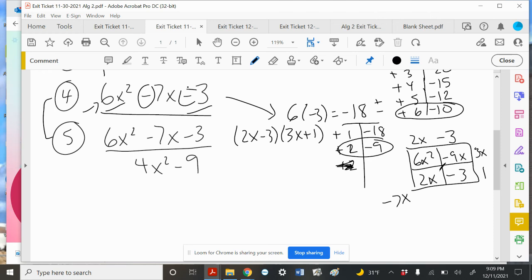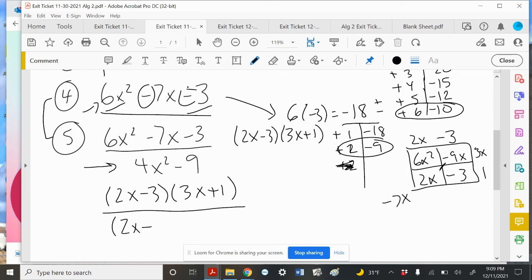Okay, so now on this problem I can rewrite it. So I'll do 2x minus 3 times 3x plus 1, all divided by, and now you notice that this is also a difference of squares. So that would be 2x minus 3 and 2x plus 3.